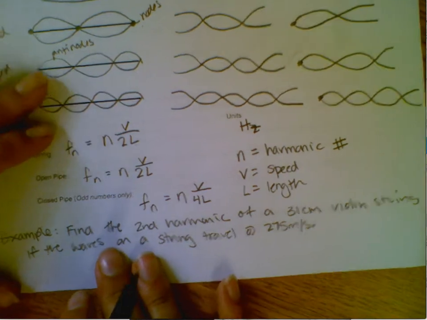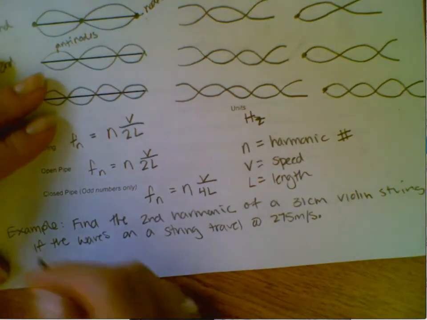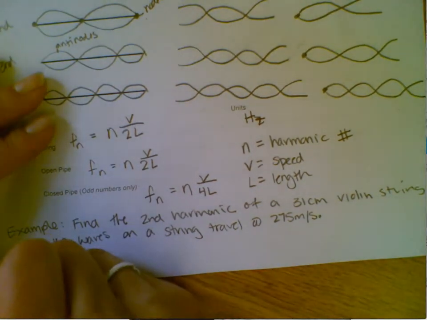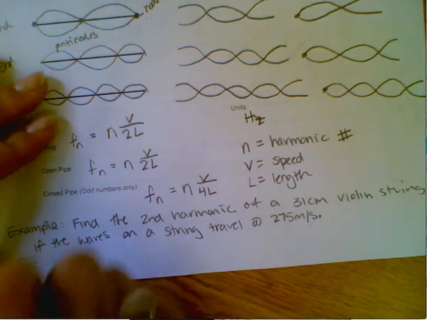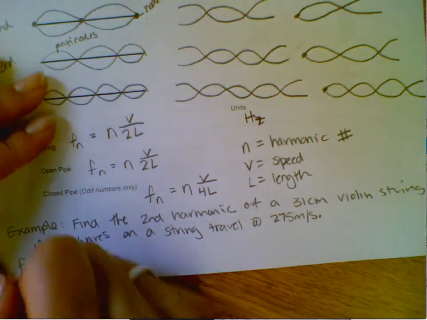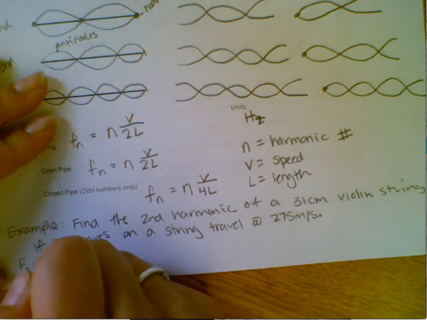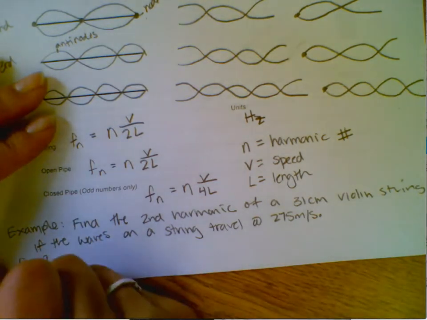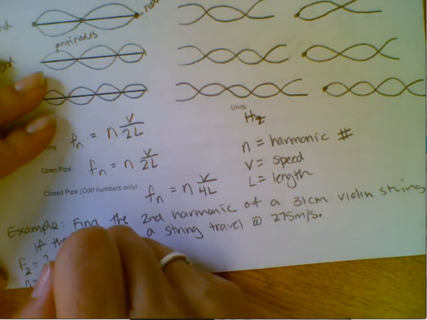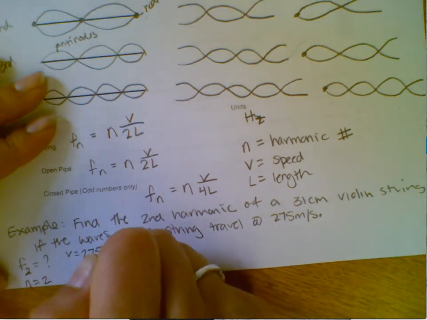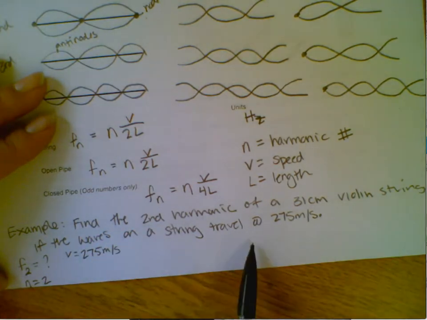So let's write down what we know here. We want the second harmonic, so we're looking for F2. We know N is 2. We know V is 275 because they told us the speed of the sound on a string.